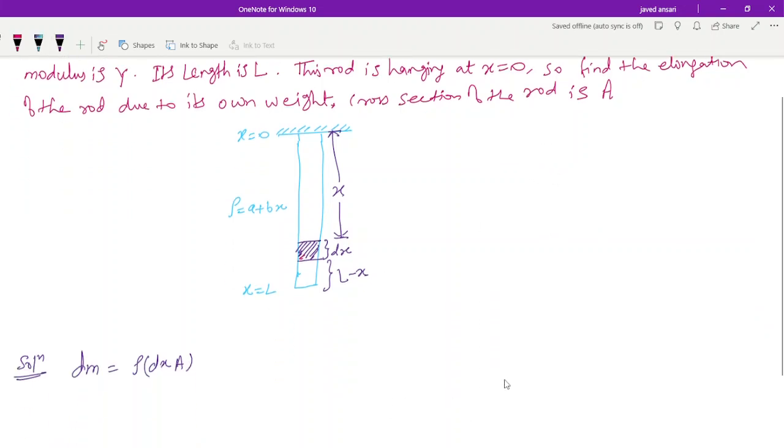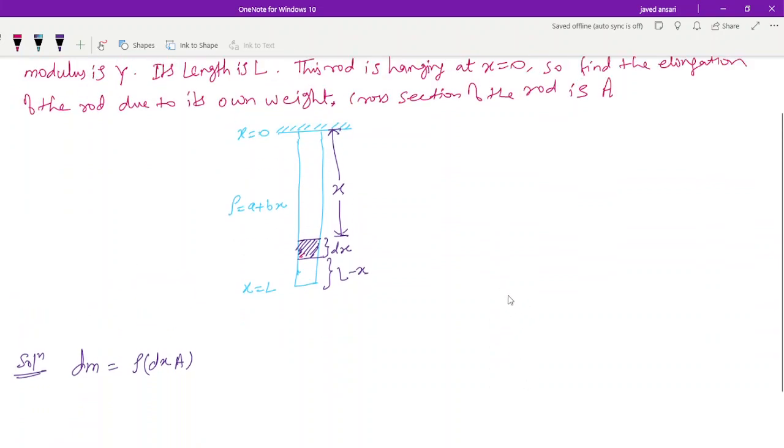Let me draw the free body diagram of this. There is this portion of the rod, and then let's say this is attached to a small string like this. There are three portions. This is x, this is dx, and this is L minus x.